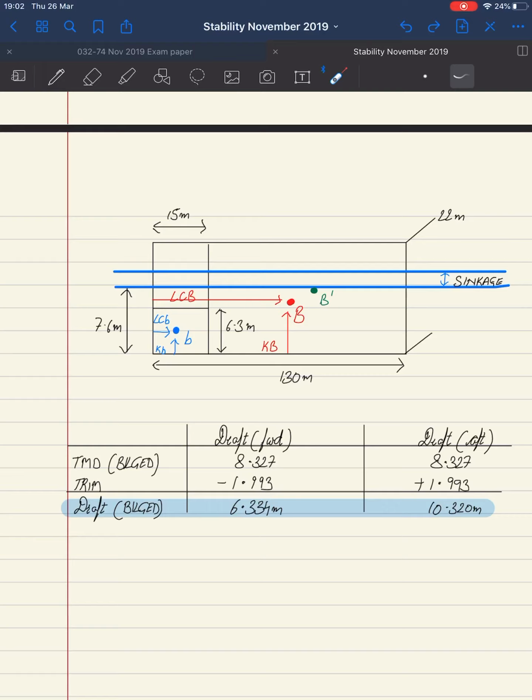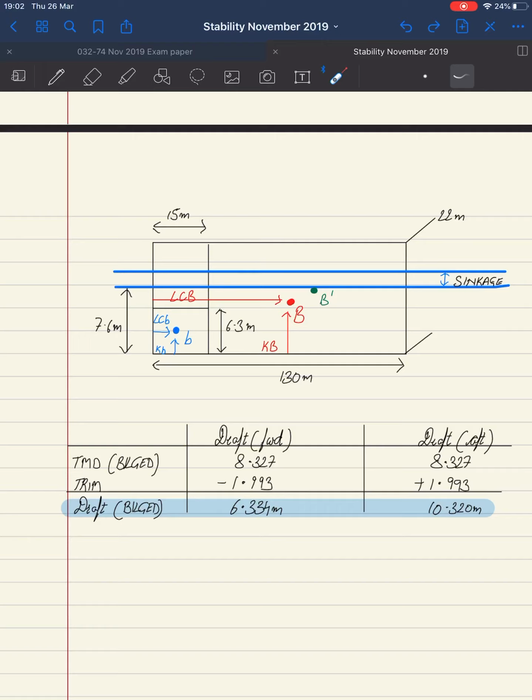Now we have made a table which says draft forward and draft aft. True mean draft of the bilged vessel was 8.327 meters, which is the same for forward and aft. True mean draft remains the same. That is the draft of the vessel at the longitudinal center of flotation.